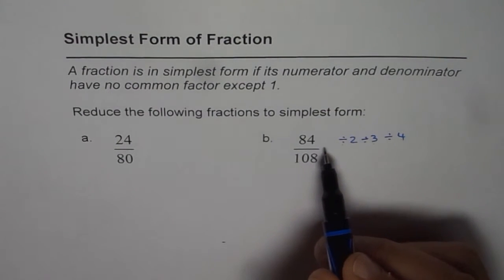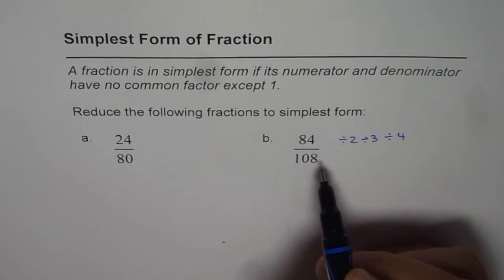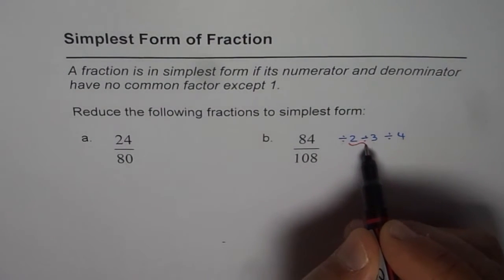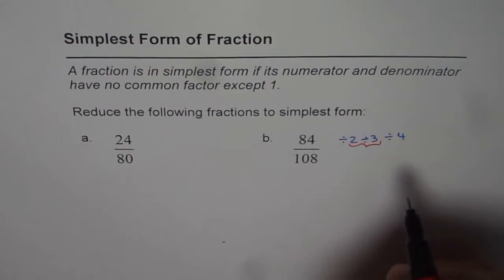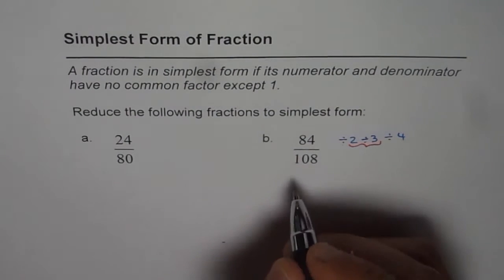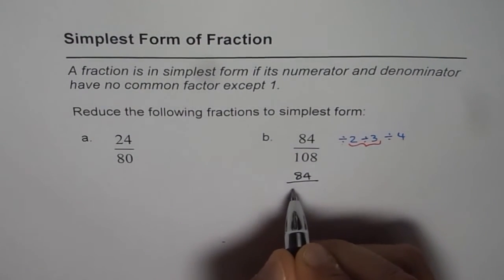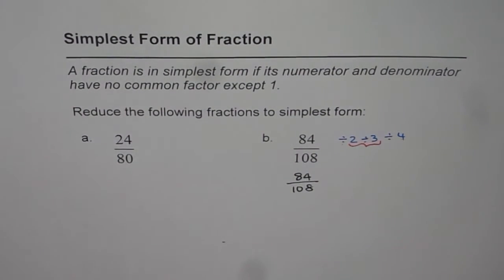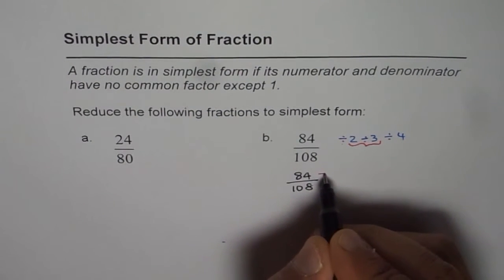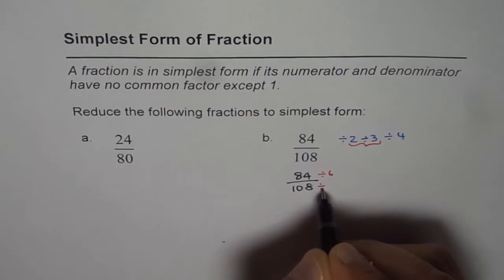Let me go through a few smaller steps, correct? So what I will do here is I'll divide by 6, 2 times 3, and then see what we get. So we'll start with 84 over 108, and I find, well, this is even, and also it can be divided by 3, so I'll divide both by 6.